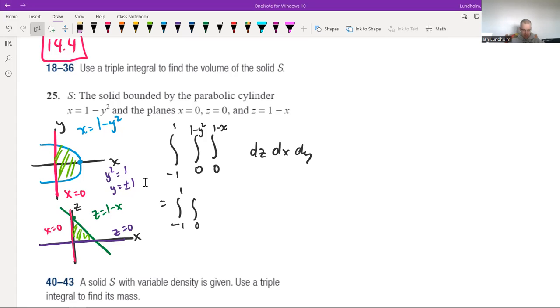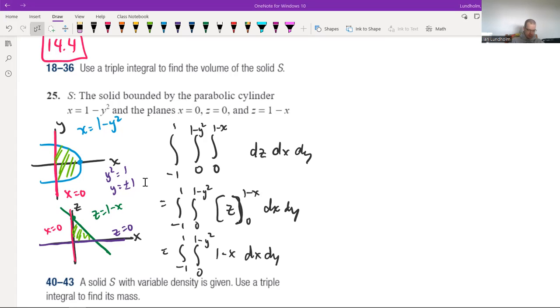We would just have z evaluated at 1 minus x and 0, so we're just plugging in 1 minus x. Let's make some space here. We might be able to scooch it up here and stay on the screen.